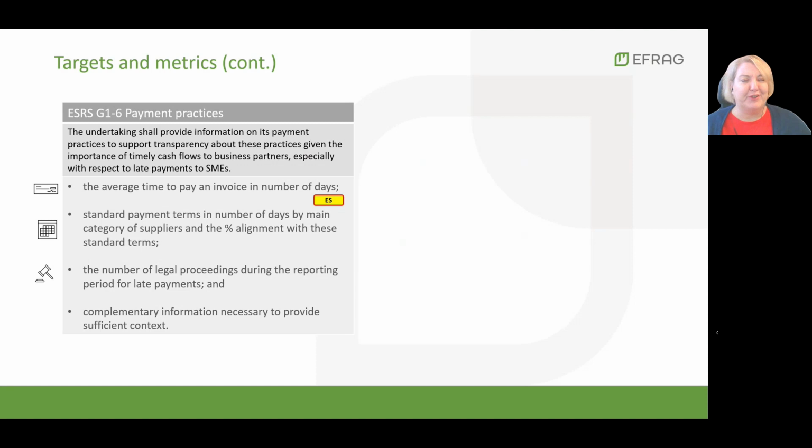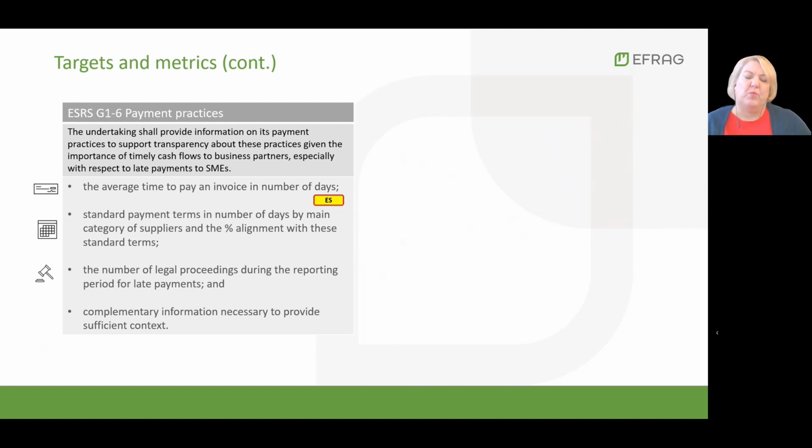You will find a very simplistic example in Appendix B of what this disclosure could look like. We also want information about any legal proceedings during the reporting period for late payments. And where you feel that you need to provide additional information to give context, we do require this.